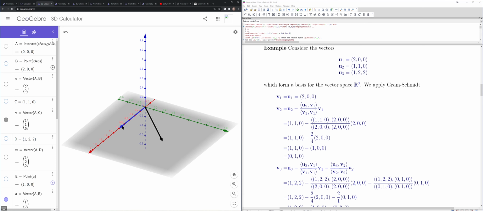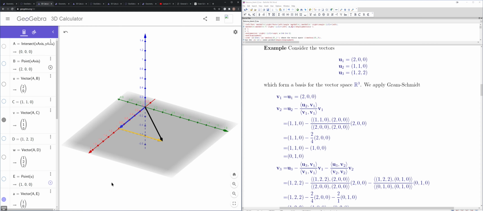Now, for the U2 here, you're going to subtract this projection. Subtracting the projection, which is this blue arrow, means I start over here, go in the opposite direction of the projection, and then add it to U2. So that has the result of subtracting this projection. And what do I get now?